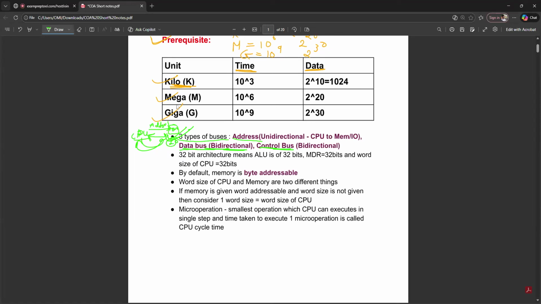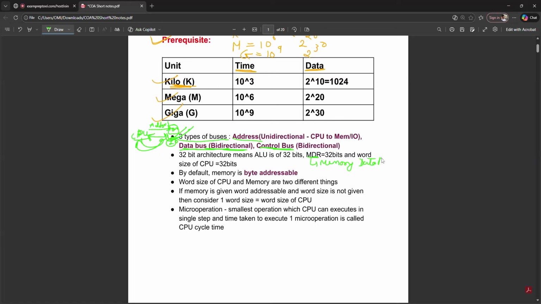Now the next point. If a 32-bit architecture is given, it means the ALU is of 32 bits, the MDR (memory data register) is 32 bits, and the word size of the CPU is 32 bits.